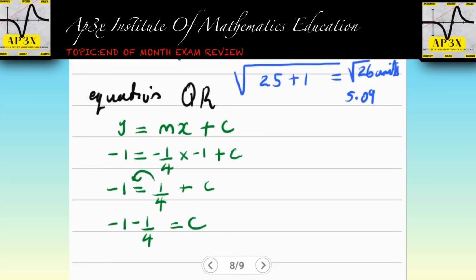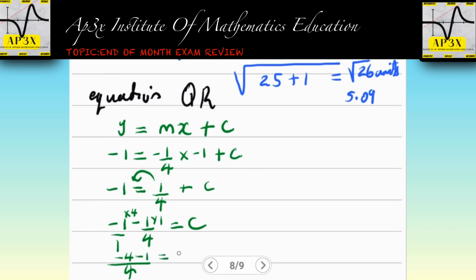Then we can go ahead and find the LCM. Pardon me here, guys. So we're going to put this minus 1 over 1. The LCM here is going to be 4. So 1 into 4 goes 4 times, and 4 into 4 goes 1 time. So negative 1 multiplied by 4 is negative 4, and 1 multiplied by 1 is negative 1.